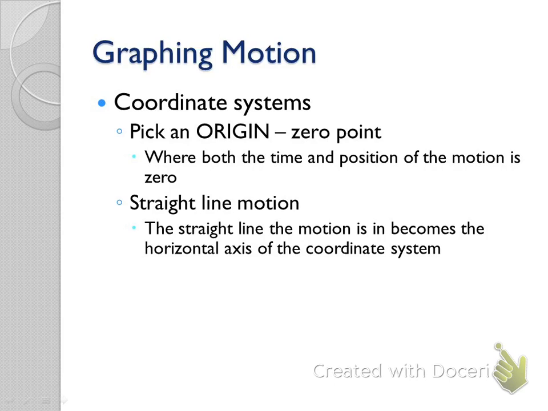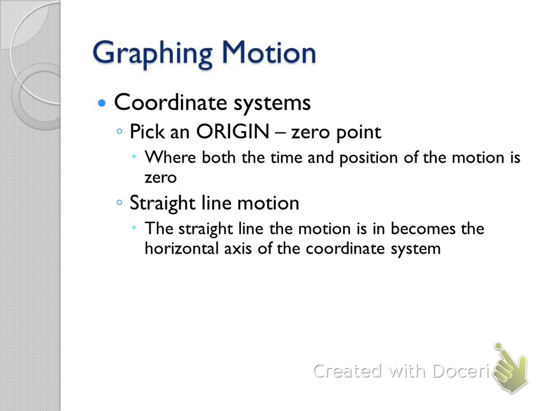Okay, so in straight line motion, we're looking at straight line horizontal motion. That means the x-axis of our coordinate system can act here as our entire coordinate system. Okay, straight line motion. It says the straight line the motion is in becomes the horizontal axis of the coordinate system. So since it's moving very simply from point A to point B on a straight line, we're looking at just the x-axis here.